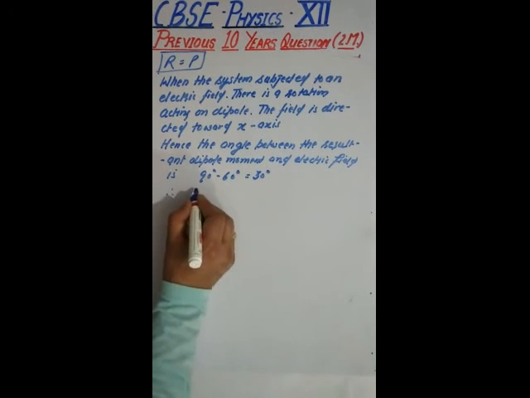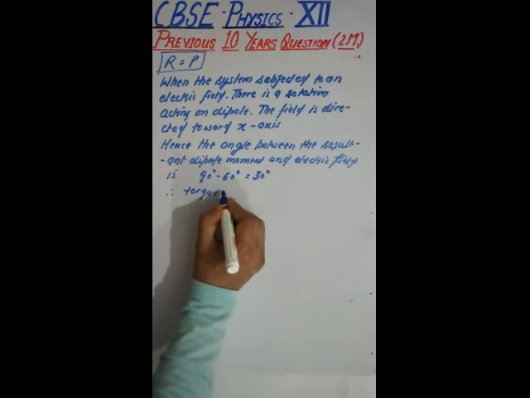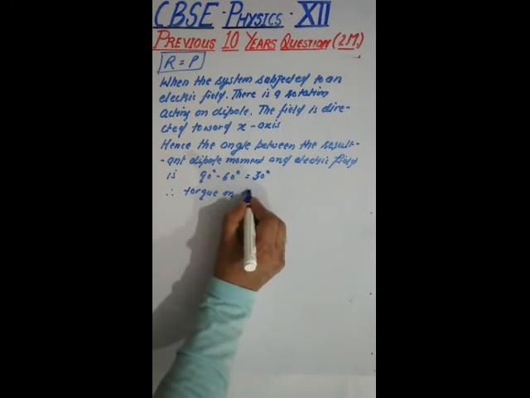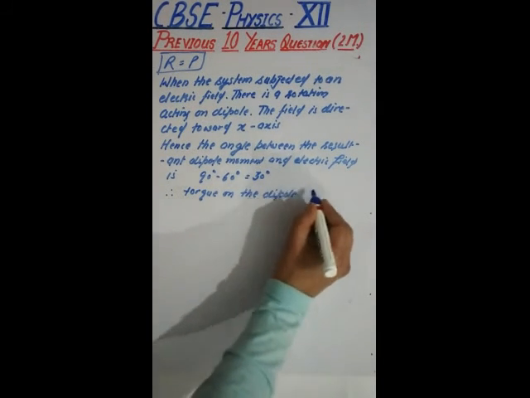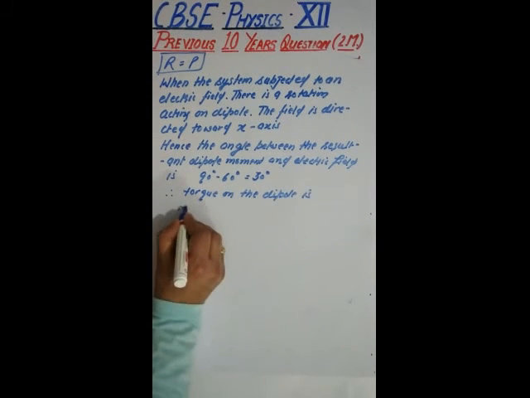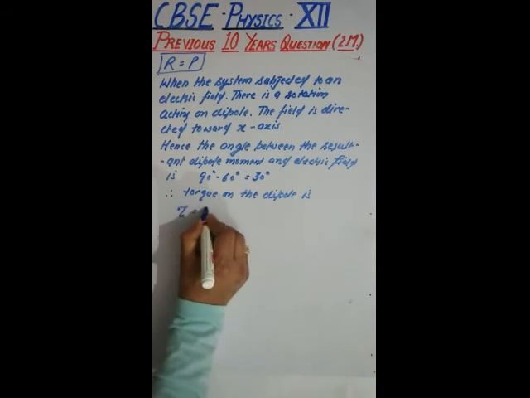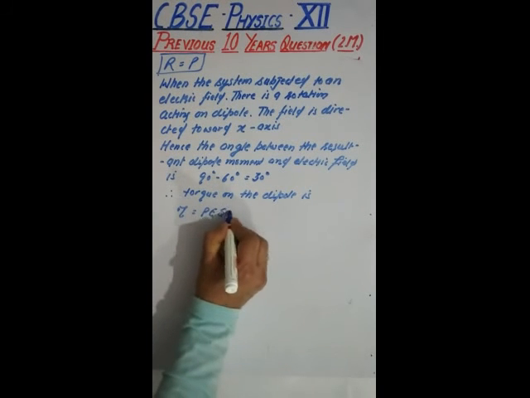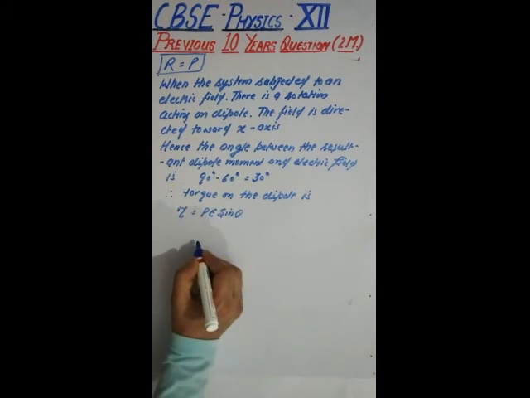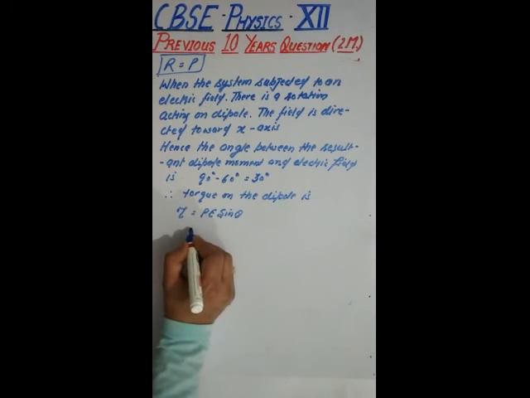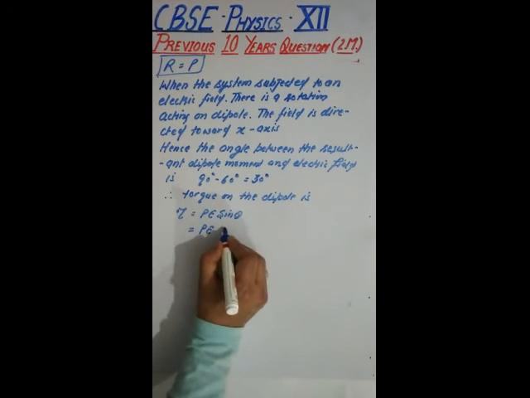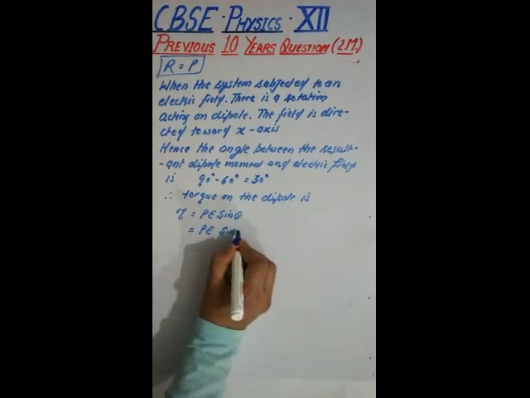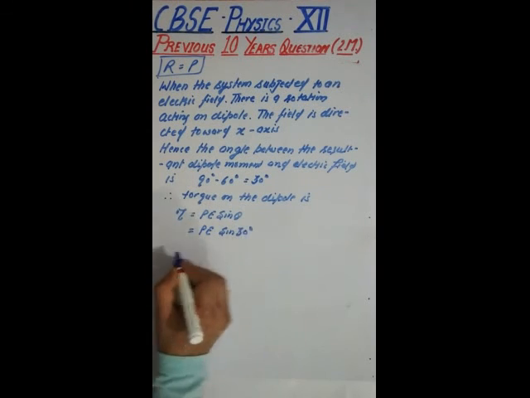Therefore, the torque on the dipole is tau equals P E sin theta, dipole moment and electric field, where theta is 30 degree.